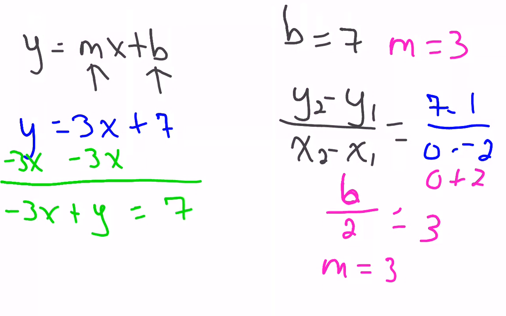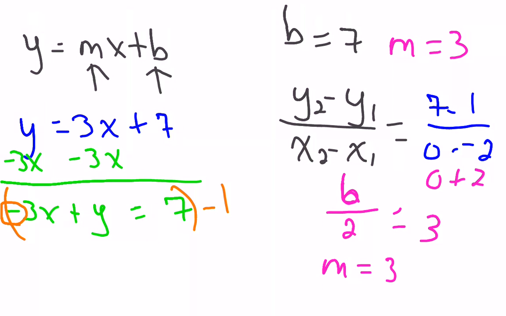Now, this would be completely fine, and sometimes the system will take it. However, this time they might not, because there's a negative out front. If you put this into your lesson and it doesn't take it, you have to multiply the whole thing by negative 1 so the first term is not negative.